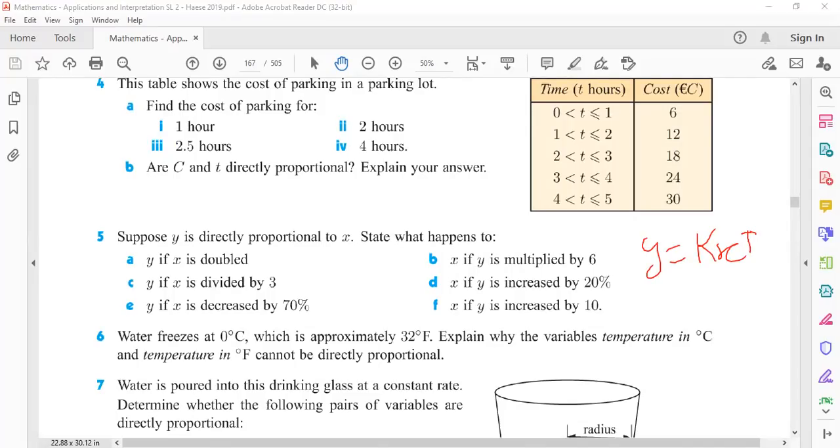It's like in summer, if temperature goes up, ice cream sales also go up, cold drink sales also go up. So they are directly proportional. If temperature goes down, the ice cream sales also go down, cold drink sales also go down. Okay, they impact each other.